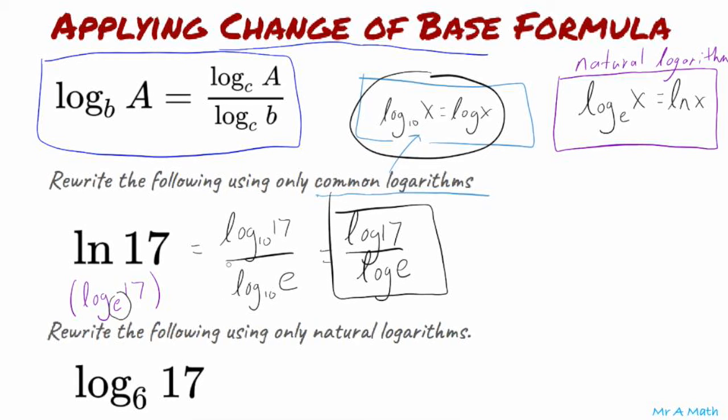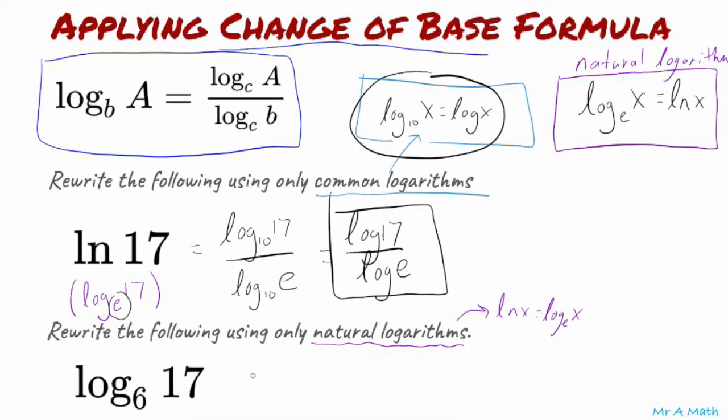So this is going to be my answer here. And then lastly, we need to rewrite this using only natural logarithms though. So let's keep in mind natural logarithm, that is a log base e. Or you can think of natural logarithms as ln. So ln of x equals log base e of x. Let's rewrite this using only natural logarithms.